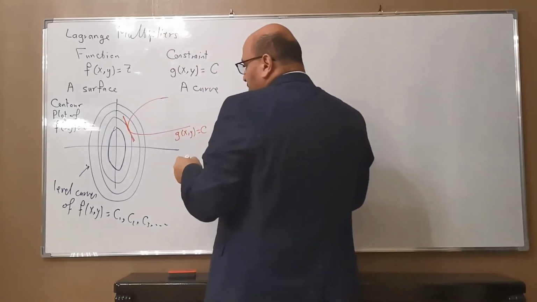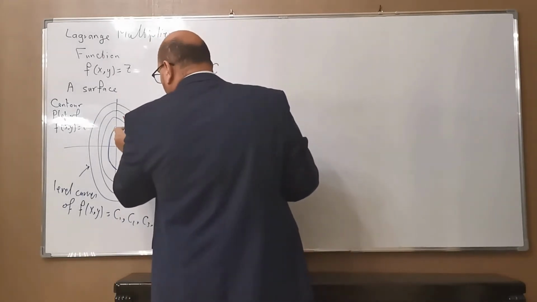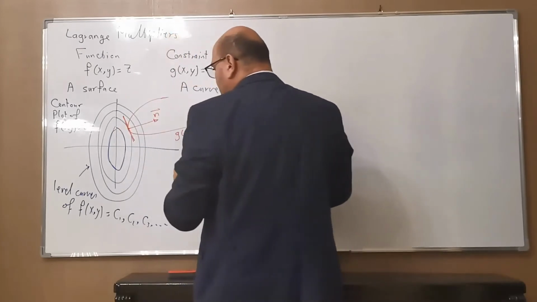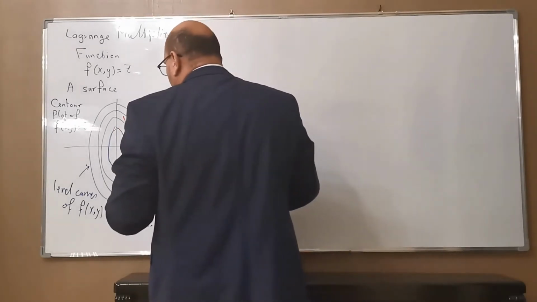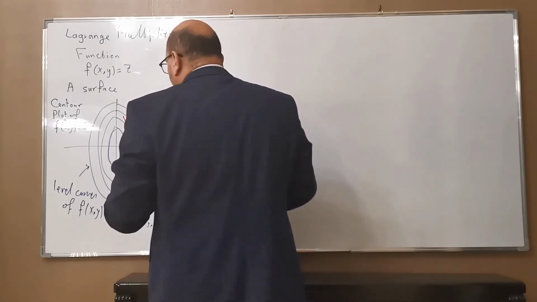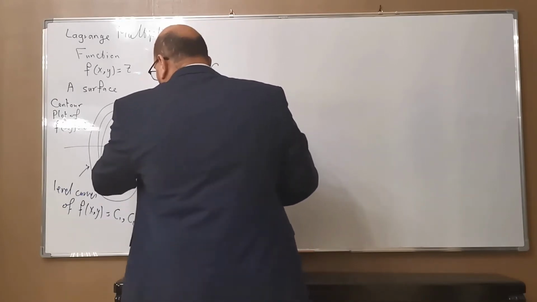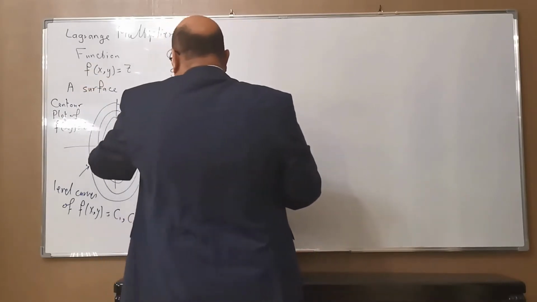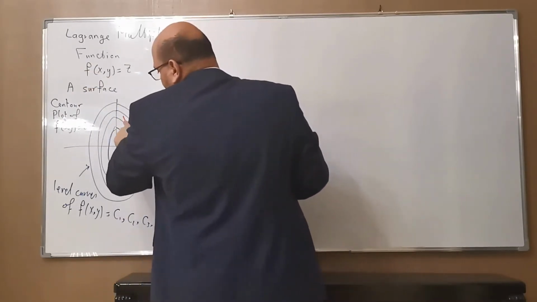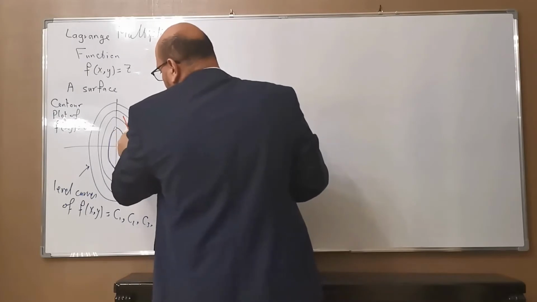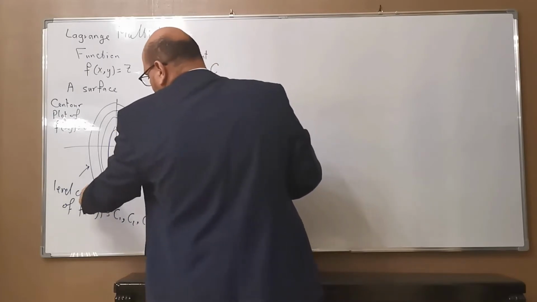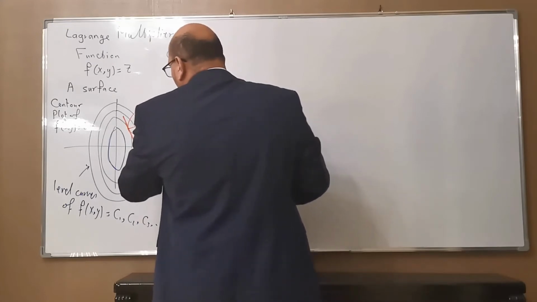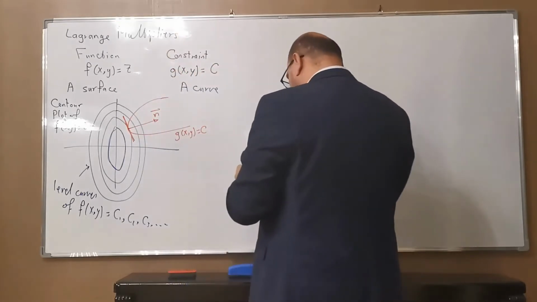And once their slope is equal, their normal to the slope is also proportional to each other. So once this curve and this function have exactly the same slope at this point, both of them have the same or proportional normal to each other.